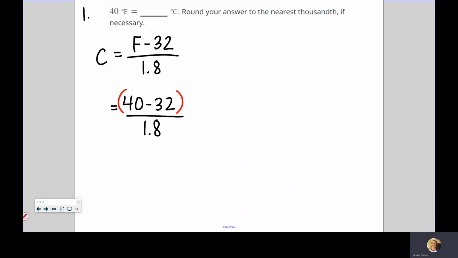So 40 minus 32, 8, divided by 1.8 is 4.44444. So rounding to 3 decimal places, that would just be 4.444. We plug it in up here. We don't even have to worry about putting in the degrees Celsius. It's already in there. So you do not have to worry about doing the degrees Celsius.